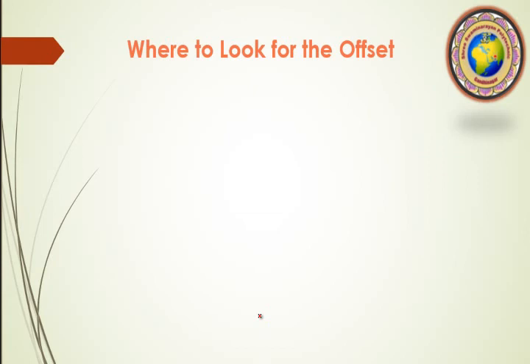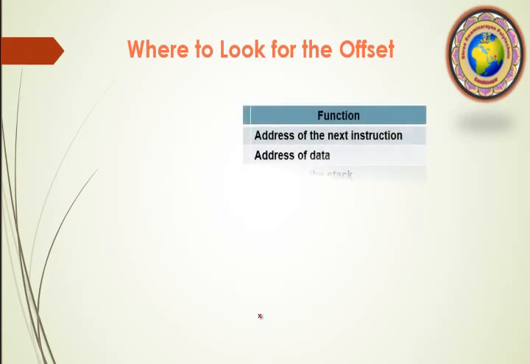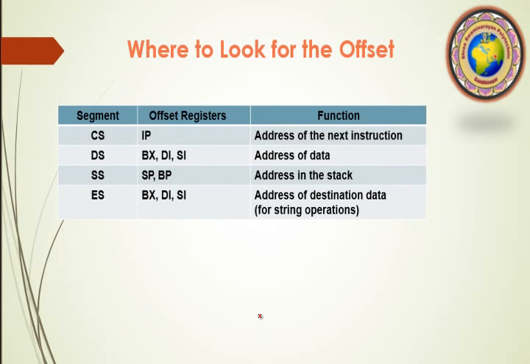Each and every segment register has a particular offset, so you have to remember this table. For the code segment, we use the instruction pointer, IP, as the offset register, which holds the address of the next instruction. For the data segment, it is BX, DI, or SI, the address of the data.